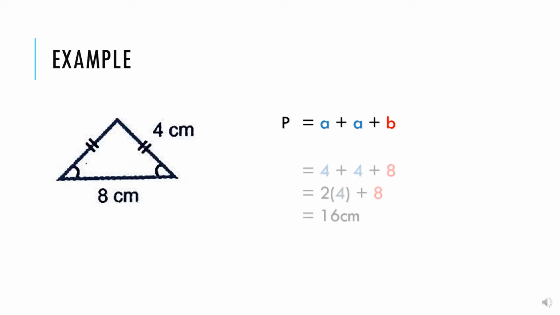Therefore, we can substitute that into the formula. If we add 4 and 8 together, it will give us 16 centimeters, or we could say 2 times 4 plus 8, since the 2 sides there are equal to one another.